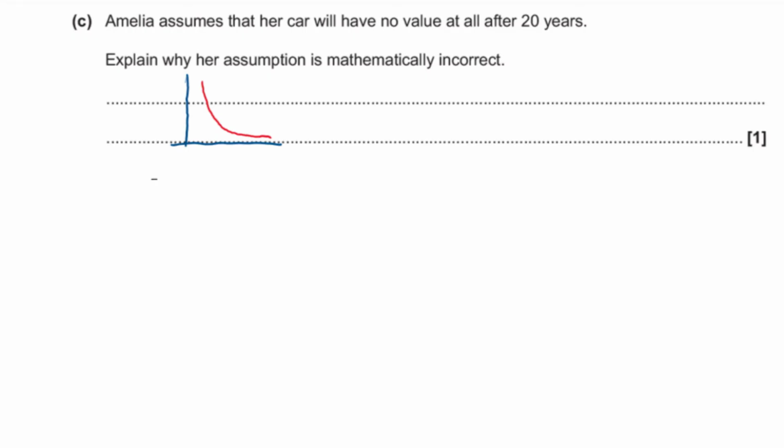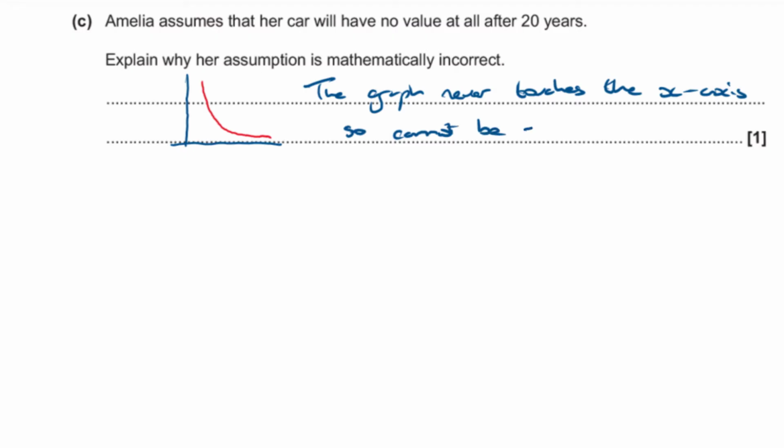So the graph never touches the x-axis, so cannot be 0. Obviously it tends to 0, but it will never actually be equal to 0.